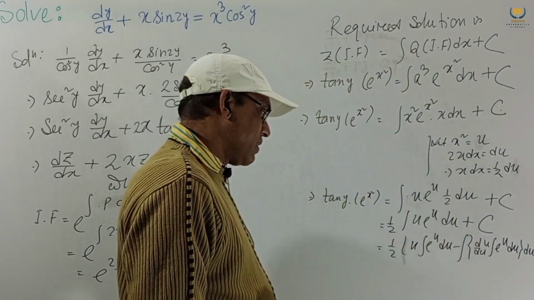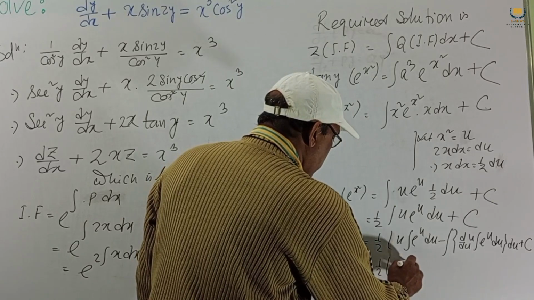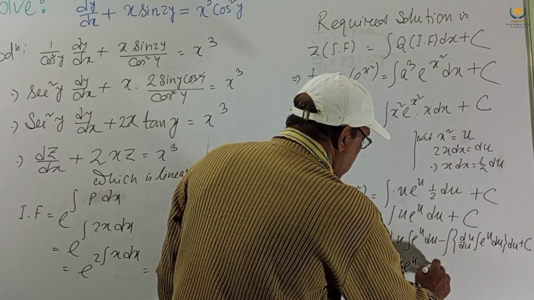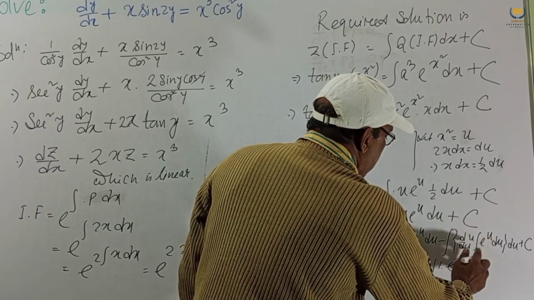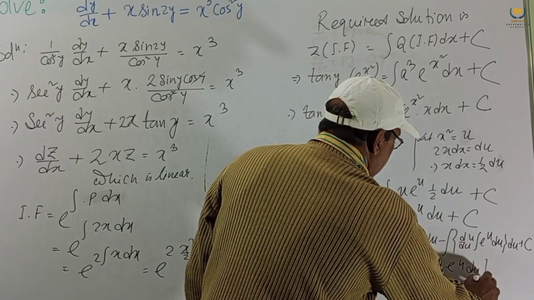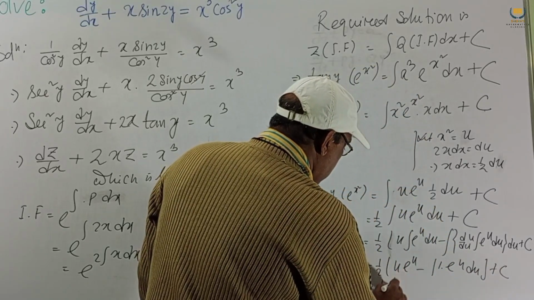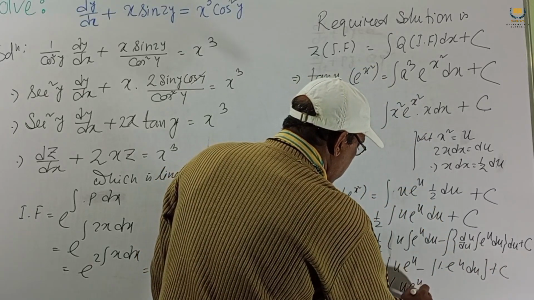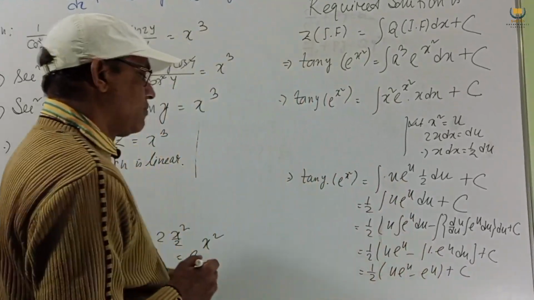So this will be 1 by 2 u e to the power u minus integral of 1 times e to the power u du plus c, and this is 1 by 2 u e to the power u minus e to the power u plus c.